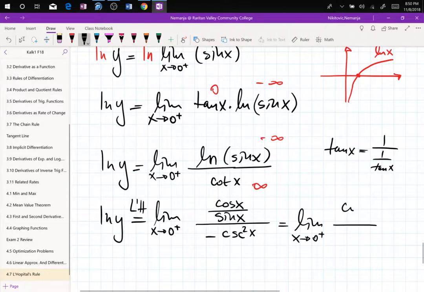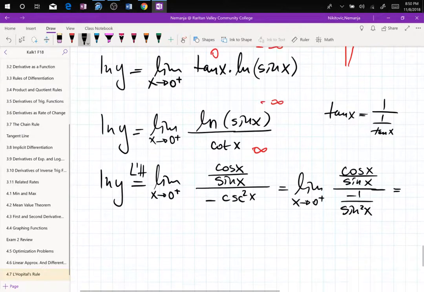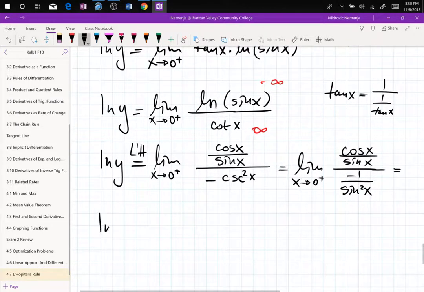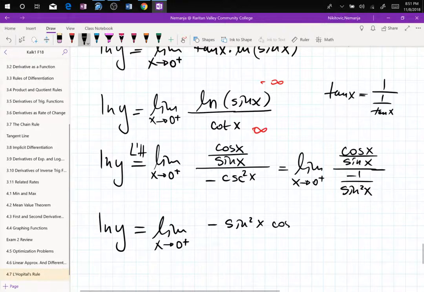All right, good. So that's limit x goes to 0 plus of cosine x over sine x, negative 1 over sine squared x. No, you're right. Should I put ln y? I don't want this to be lost. Is limit x goes to 0 plus of negative sine squared x cosine x divided by sine x.